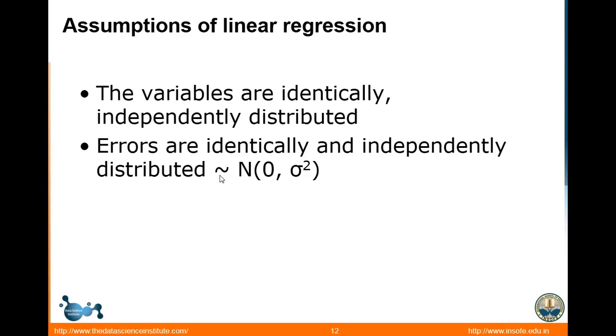That means all the errors should be closer to 0. That is, the average value of the errors should be around 0, and the variance of these errors should be the same. Only then will this particular analysis hold good.